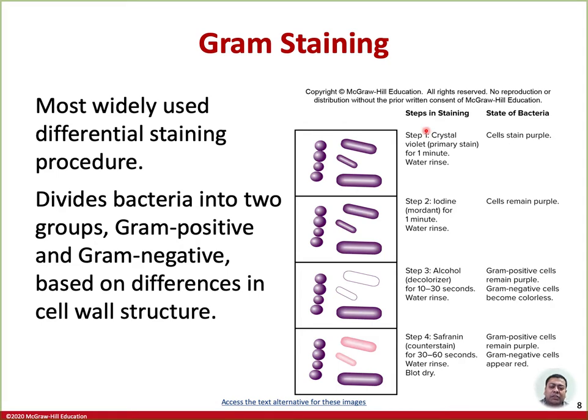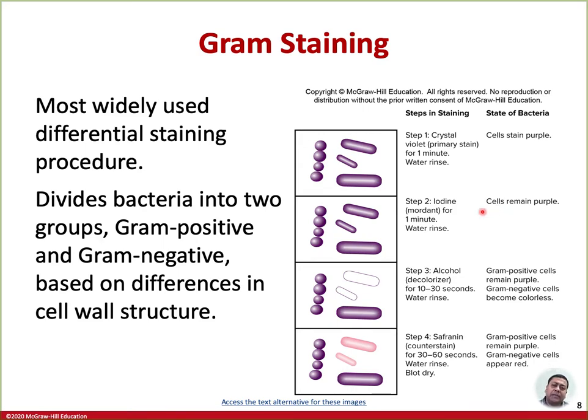We make a smear, we heat fix the bacteria, and we put the crystal violet there for 1 minute, water rinse, and the cells stain purple. In the next step, we use iodine, which is a mordant. A mordant is a helper, and we keep that mordant on the slide for about 1 minute, and again we water rinse. All the cells will remain purple.